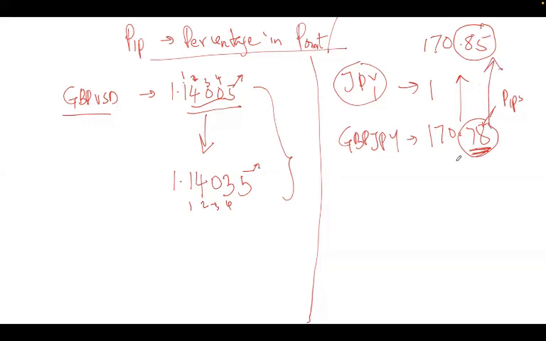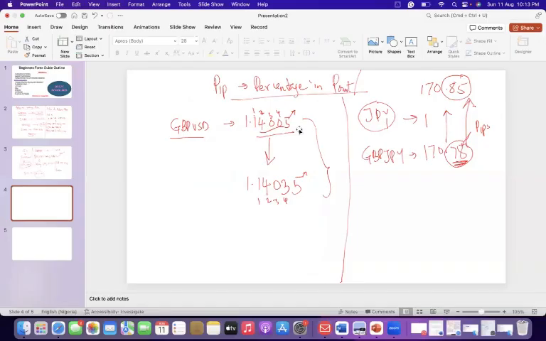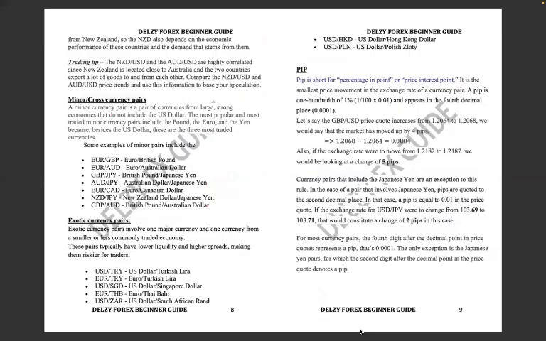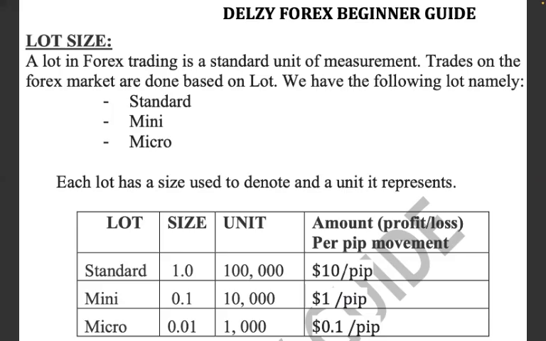All right. Now remember, when we were talking about lot size, I actually skipped mentioning something. If you choose one standard lot, if a market makes a 1 pip movement, this is the amount of money you're going to make.